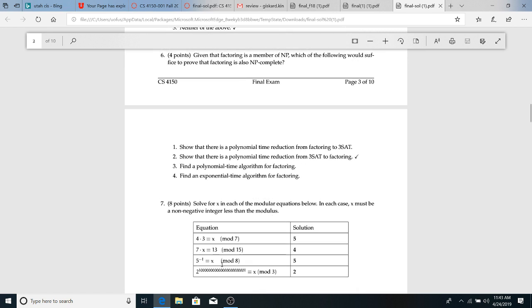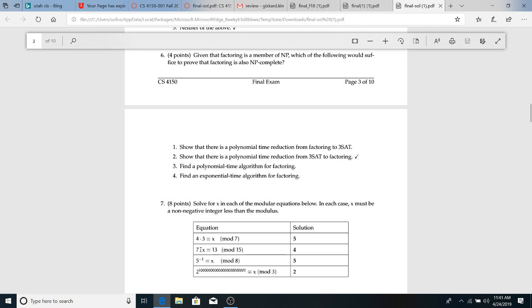This is just modular arithmetic. So 12 mod 7, that should be really easy. So 7x is equivalent to 13 mod 15. So you're finding the inverse of 7 with respect to 15, and then you multiply the inverse on both sides to solve for x.